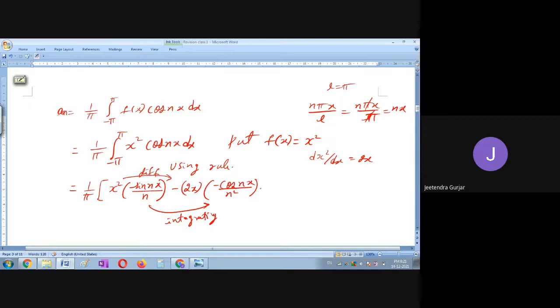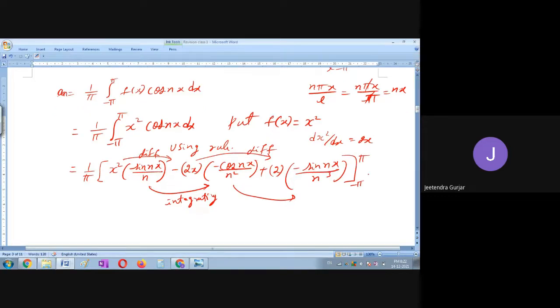Then plus, continue this, differentiating with respect to x. Differentiation of x is 1, so therefore it remains 2. Then integration will be minus sin nx upon n cube. Second, take in the interval minus pi to pi.